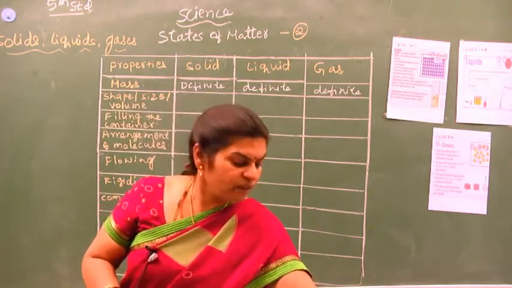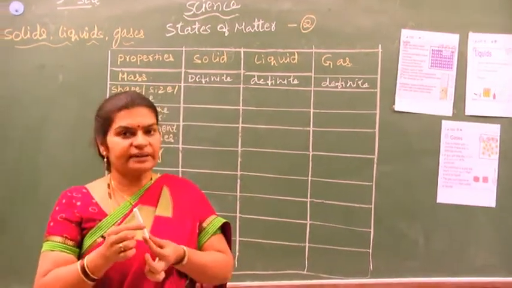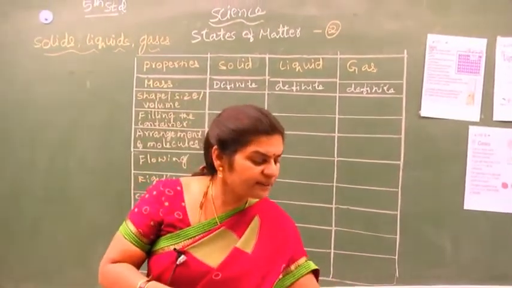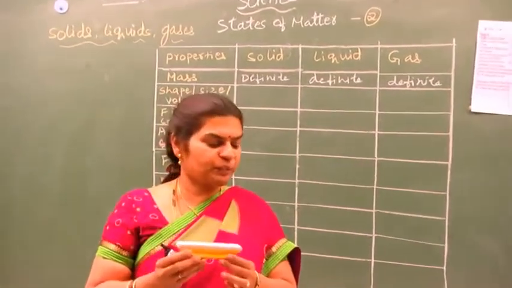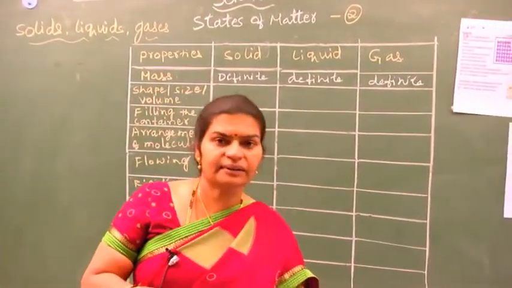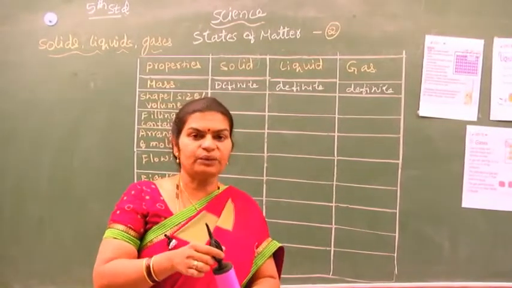When we consider the chalk, it has the shape of a cylinder. The duster has a cuboid shape, and this one has a cylindrical shape along with a different part.